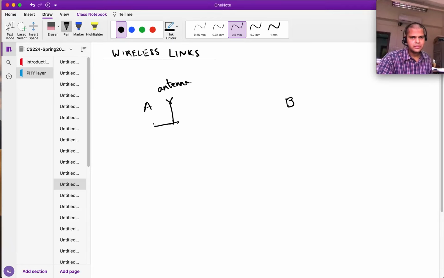Right, so he has some, let's say, radio, and out from it comes an antenna. The antenna might be hidden in things like mobile phones, right? But it's there. So the antenna is going to radiate signals and it's going to be received by B.